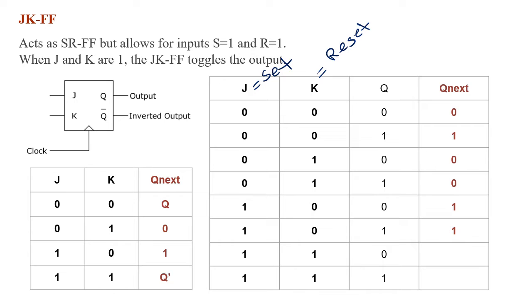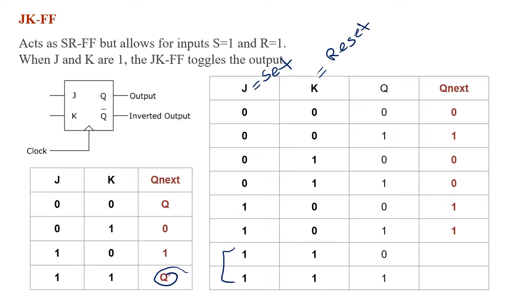Except in the last two options, instead of having them not allowed, just like the SR flip-flop, with the JK flip-flop, if both set and reset are active, what you're going to do is toggle the output.